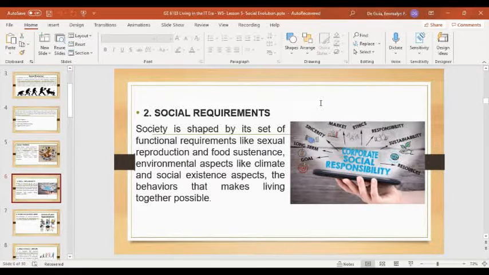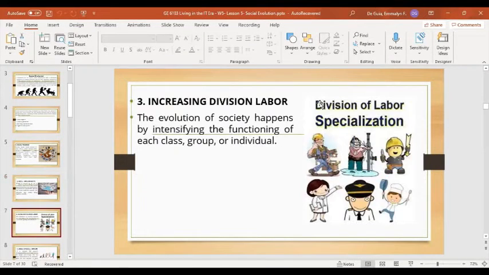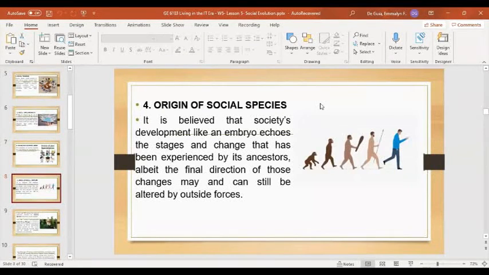Another is increasing division of labor. The evolution of society happens by intensifying the functioning of each class, group, or individual. As societies develop, specialization also arises. So we have here division of labor, as you can see, based on our skills and capacity. Then we also have origin of social species as one component, according to Herbert Spencer.